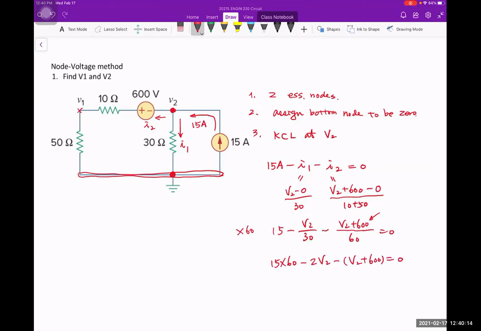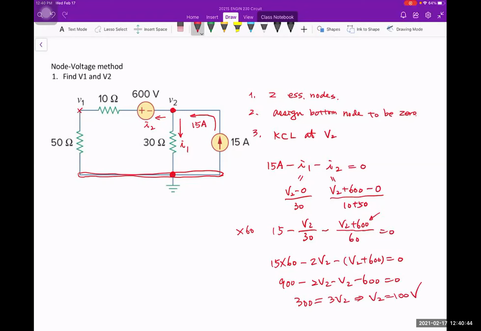That should be the correct one. Okay. Am I right? Any question about this? So that'd be 900 minus 2V2 minus V2 minus 600 equal to 0. So 300 equal to 3V2. V2 is 100.